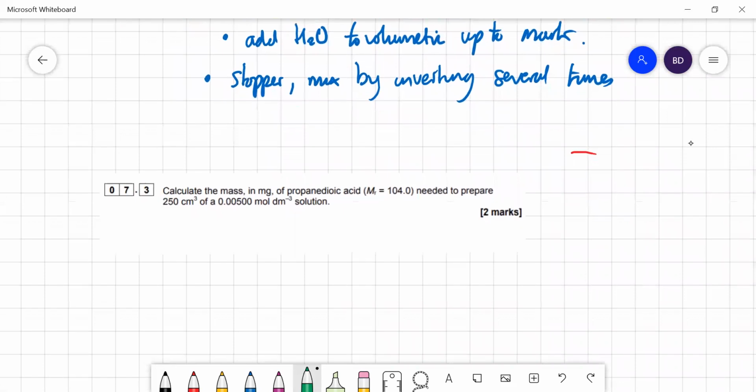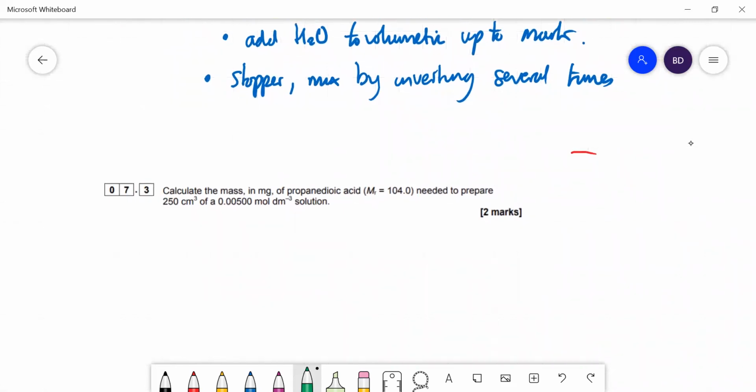Right, a little calculation to finish this off. I think calculate the mass in milligrams of propane dioic acid needed to prepare a 250 centimeter cubed solution. Okay, so right, we need to work out how many moles, first of all, of propane dioic acid we need. Moles of acid.